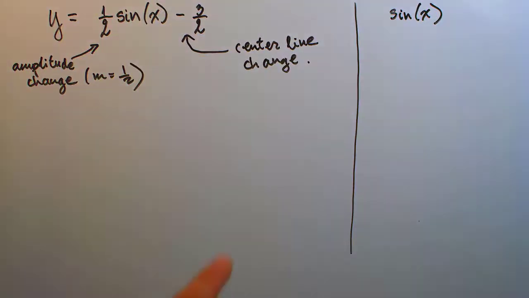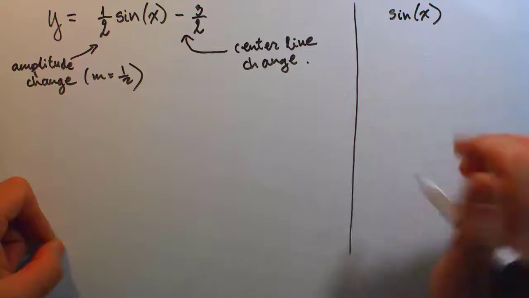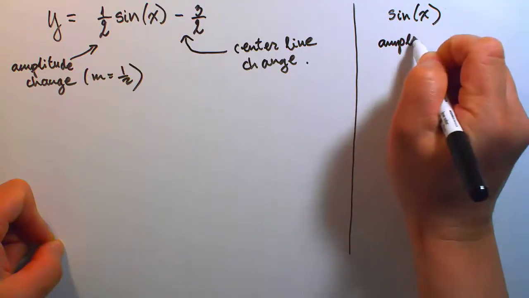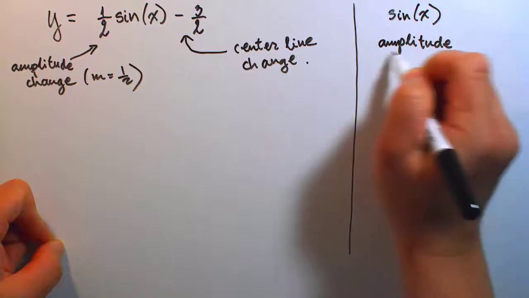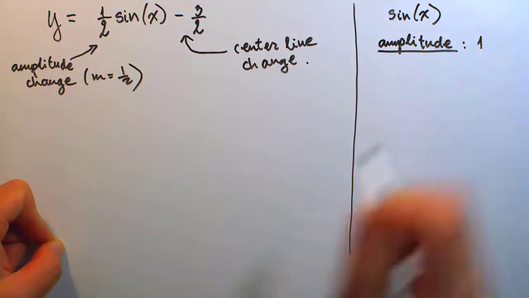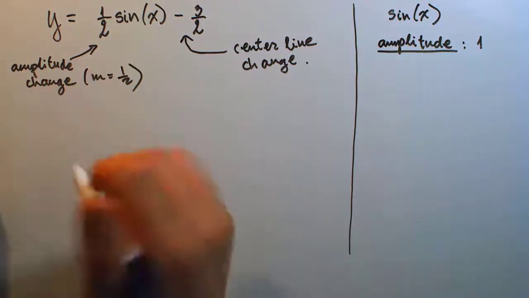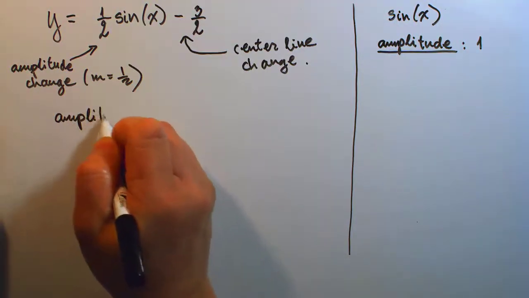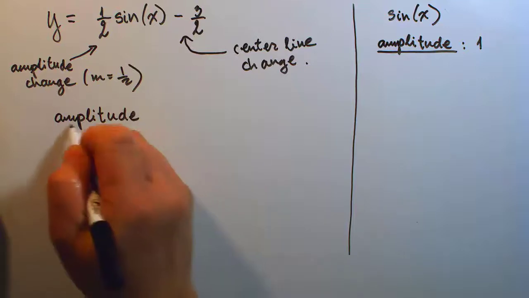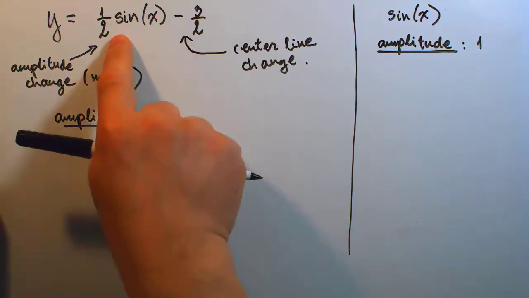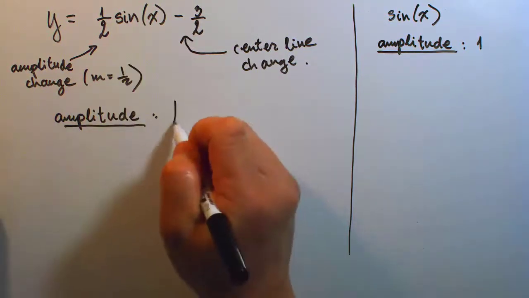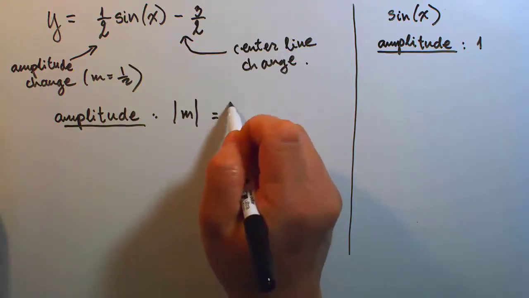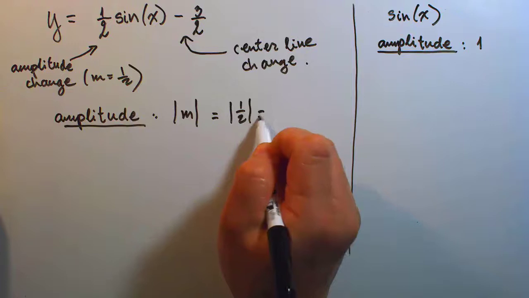And so now back to our original function, sine of x. Amplitude on this ordinary function is 1. And we learn here that the amplitude, when we have the coefficient m being multiplied to the function, is absolute value of m. So in this case, we have an absolute value of 1/2, which is 1/2.